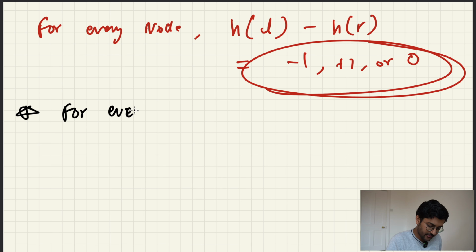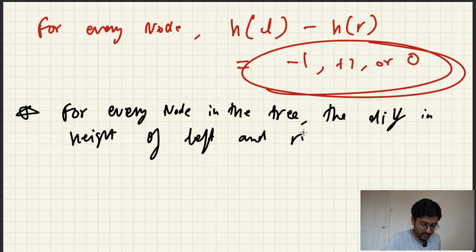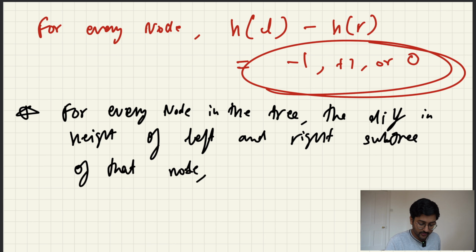For every node in the tree, the difference in height of left and right subtree of that node, for every node, should be less than equal to 1. Cool. So either 1 or 0.